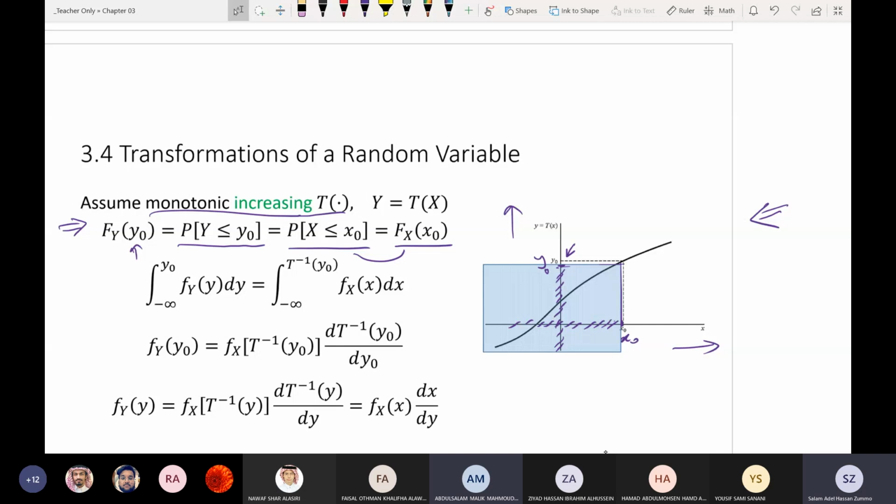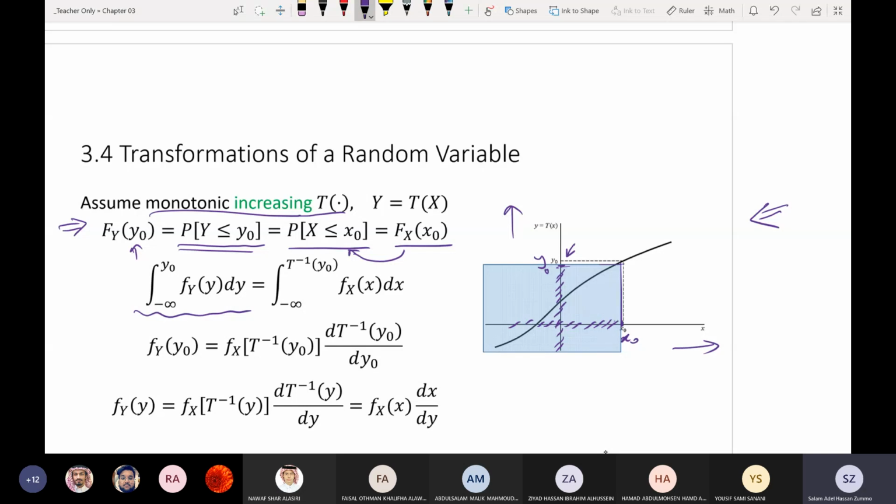Yes, clear. So now, the CDF of Y at y0 is nothing but the integral from minus infinity to y0 of the PDF of Y, which is equal to the right-hand side, the CDF of X at x0.